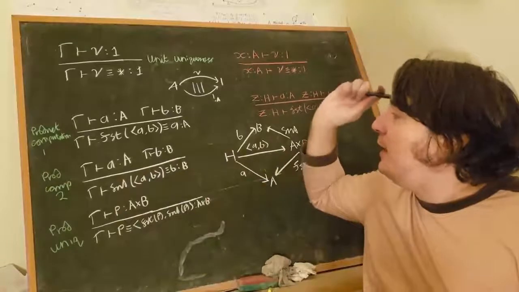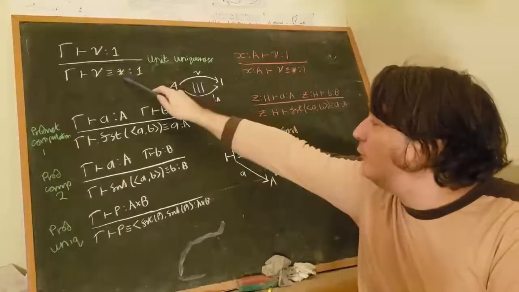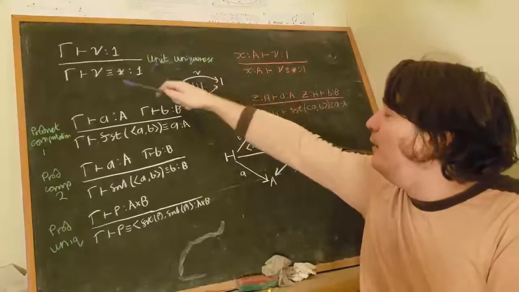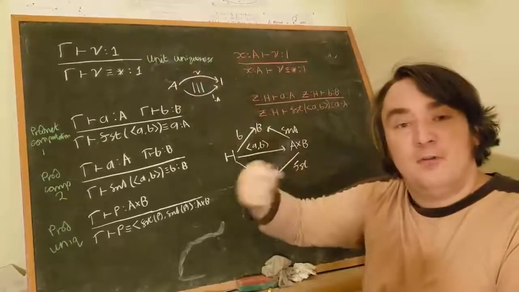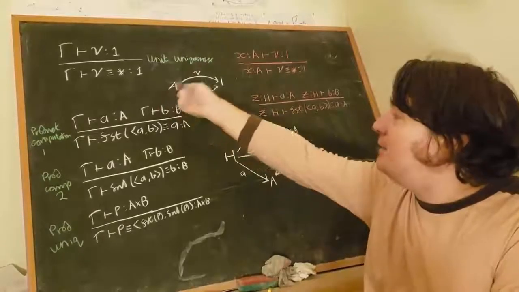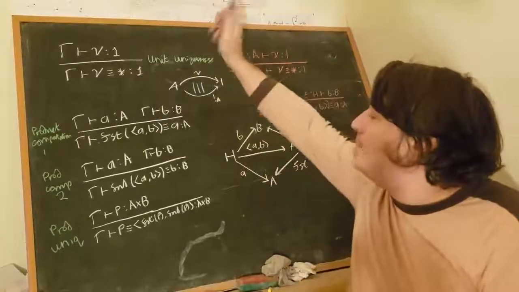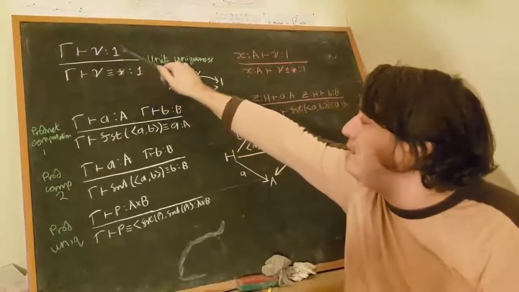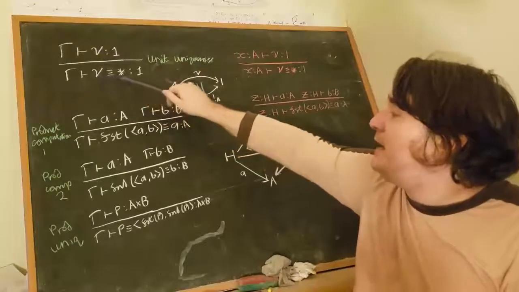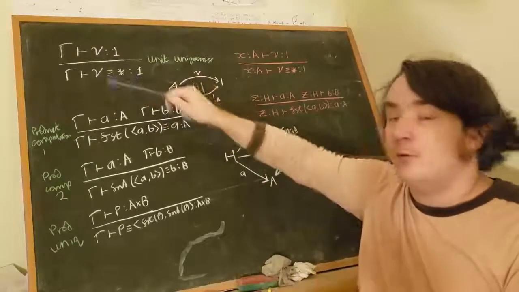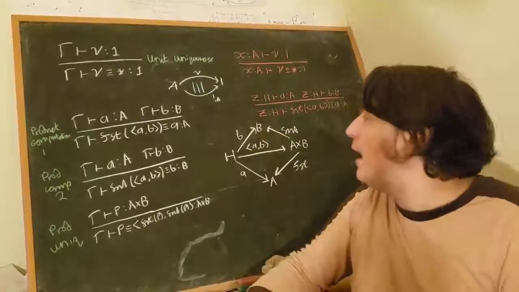And so we've already encountered this element of type 1 called star, and we now also have this so-called uniqueness principle for the unit type, which tells us that in any context gamma, if we have this value v of type 1, then we can get that value v is equal to star. In other words, the only value of type 1 is equal to star.